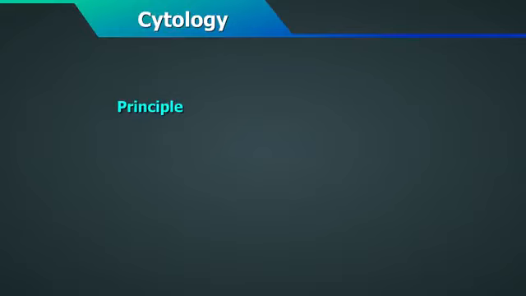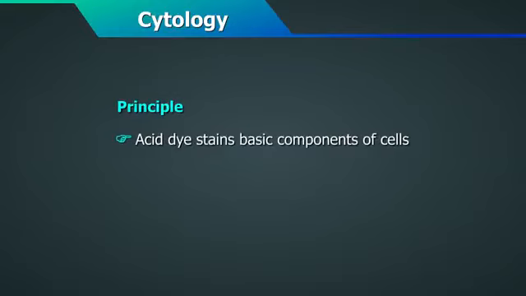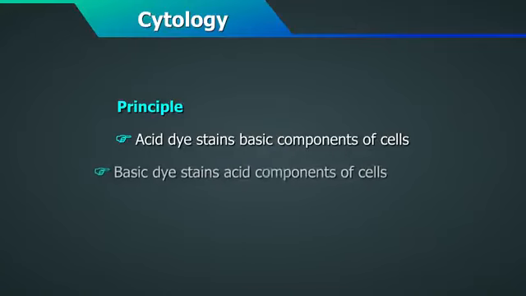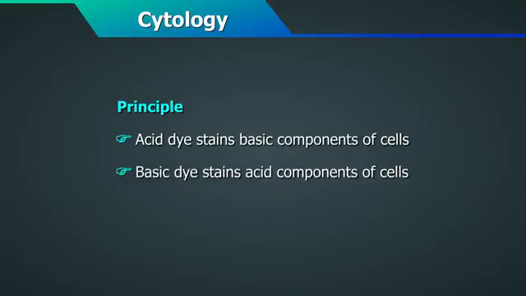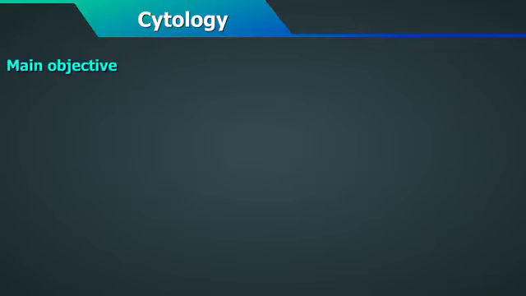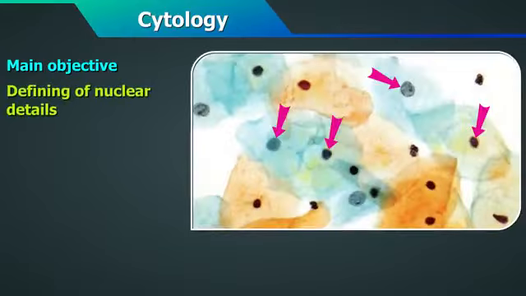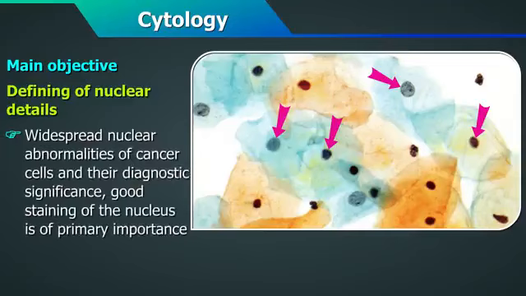Principle: Pap stains have an acid dye which stains the basic components of cells and a basic dye which stains the acid components of cells. The main objective of Pap staining is defining of nuclear details. Because of the widespread nuclear abnormalities of cancer cells and their diagnostic significance, good staining of the nucleus is of primary importance.